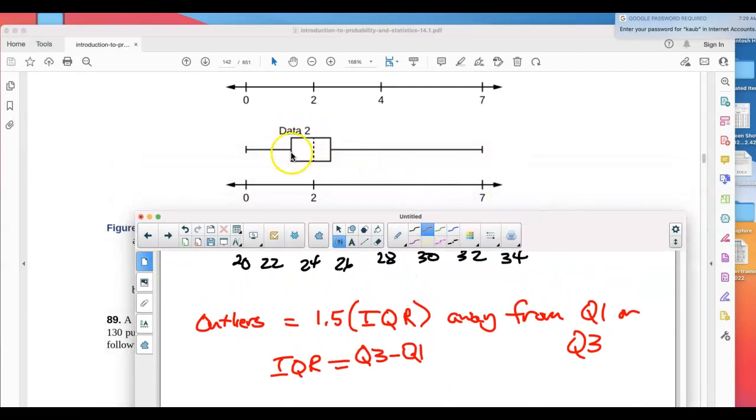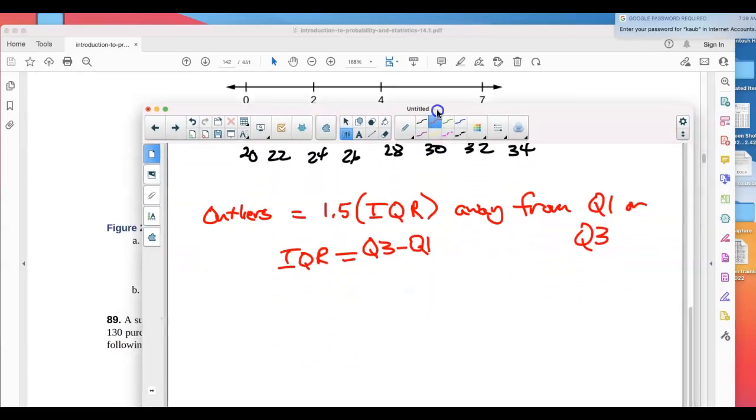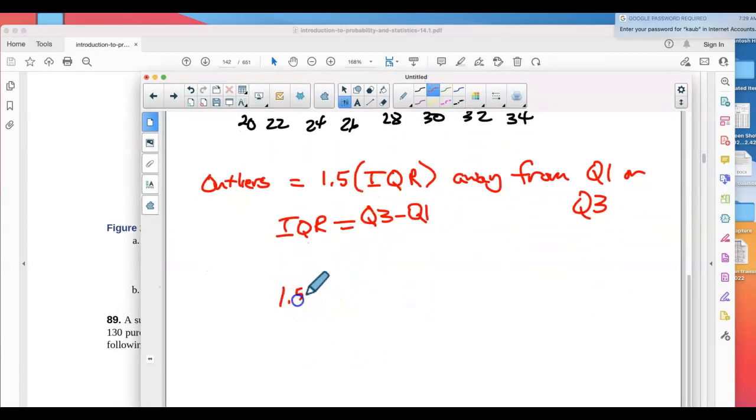We need to know how wide this box is from here to here. That's the IQR. Let's say that's not 1, because 1 is right about here in the center, so we'll say that's about 1.25, and maybe this is 3/4. So the IQR is about 2 units wide. If we take 1.5 times 2 units, we get 3.